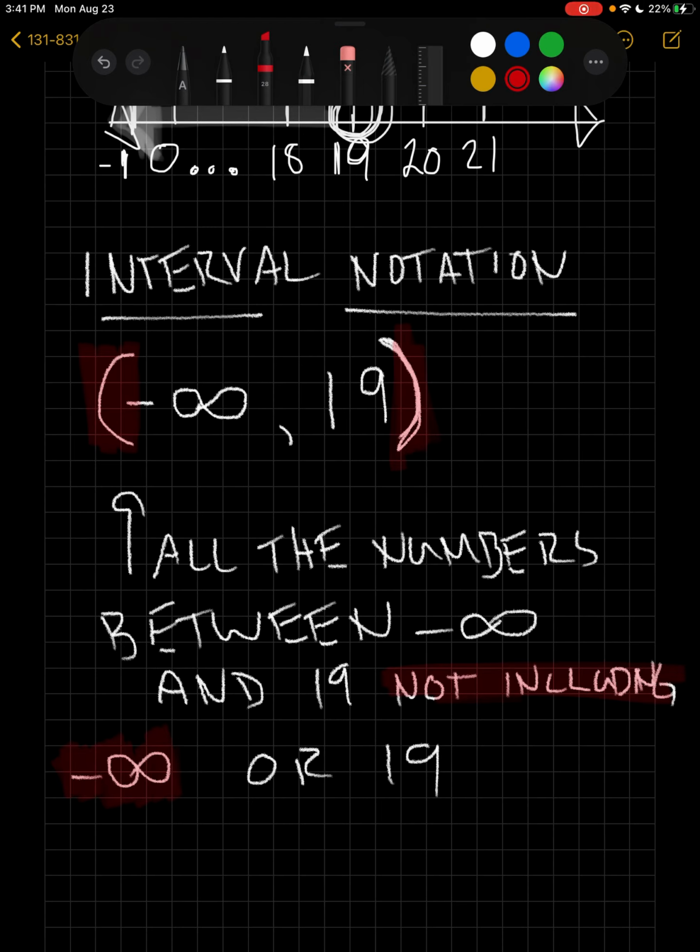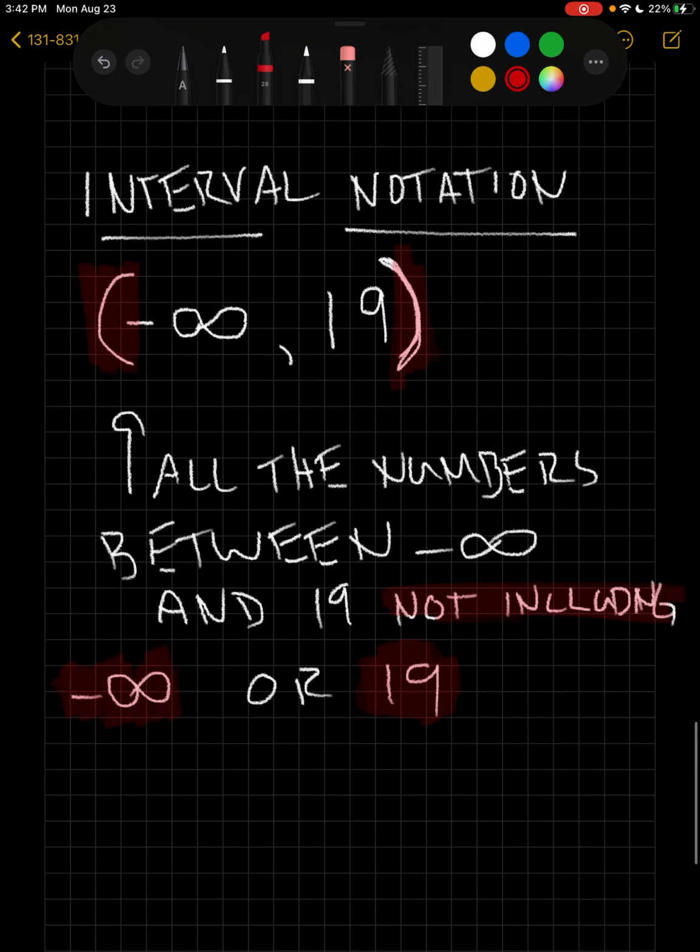Because if it were a number, we could come up with a smaller number. We could say negative infinity minus 1. Infinity just means we can go as far as we want in the negative direction, and all those numbers are smaller than 19. And we don't include 19 because 19 is not smaller than itself. And that's how you use interval notation for this particular problem.